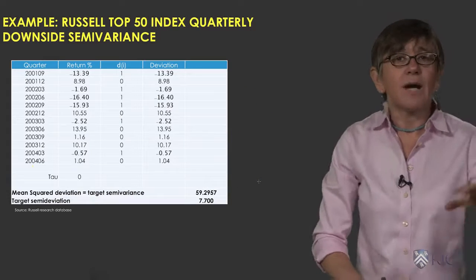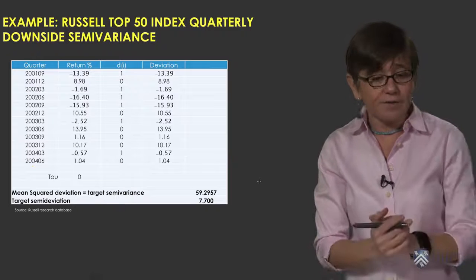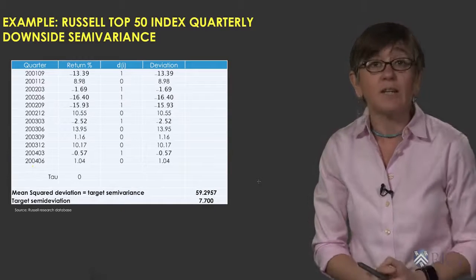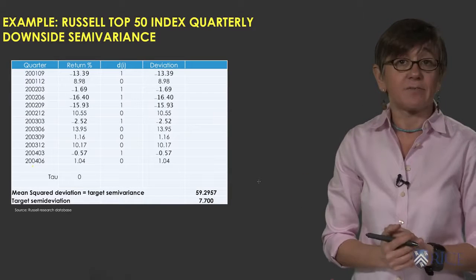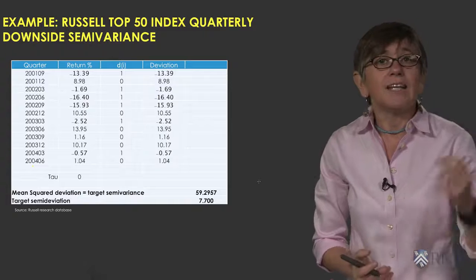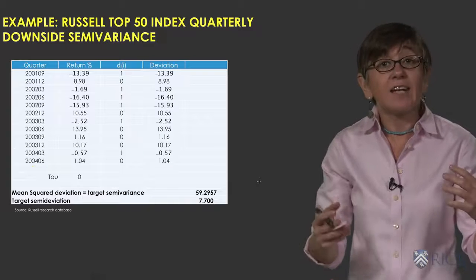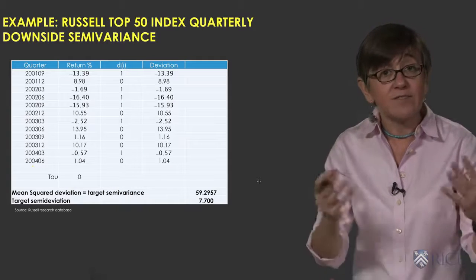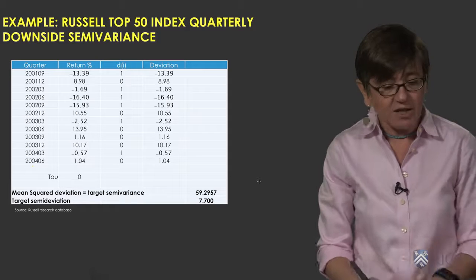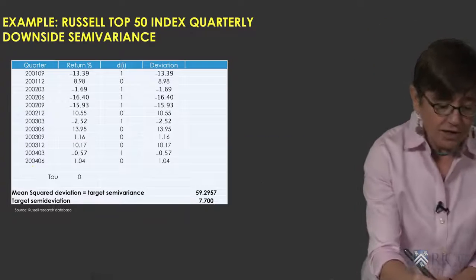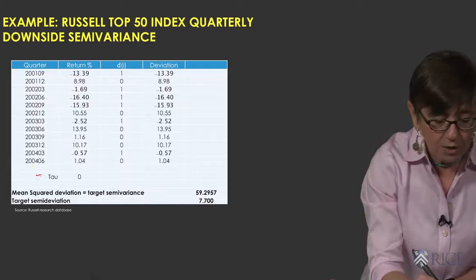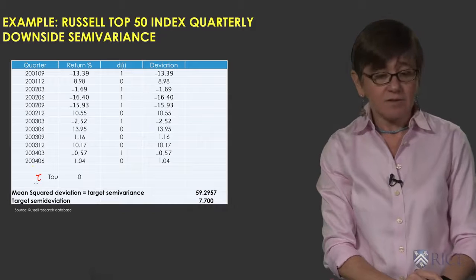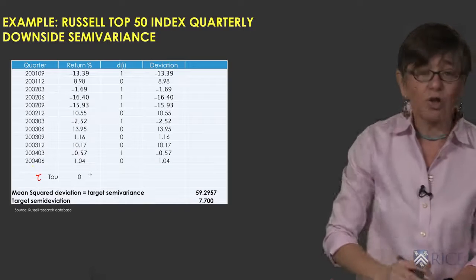What I have here is a table of quarterly returns for the Russell Top 50 index for the US. It illustrates how we calculate the downside deviation for a sample of returns given a target of 0. So here is my tau, that's the target. Here are the quarterly returns.